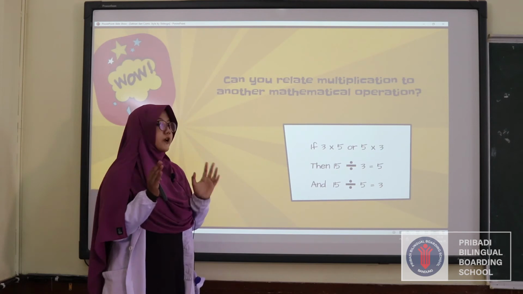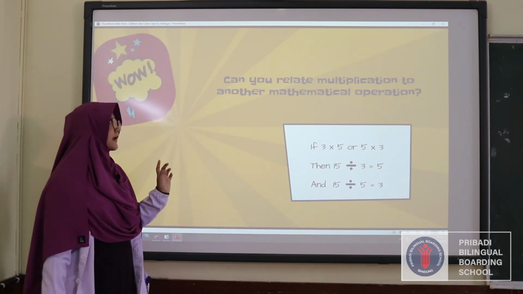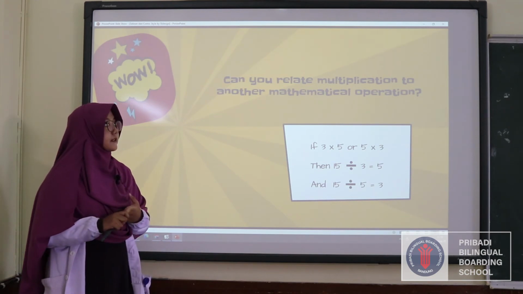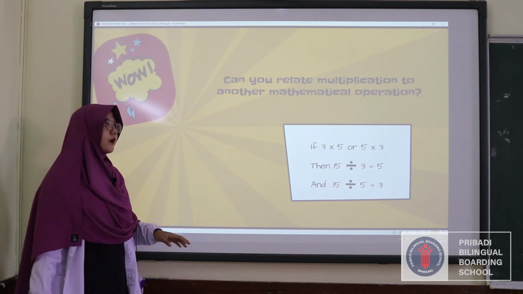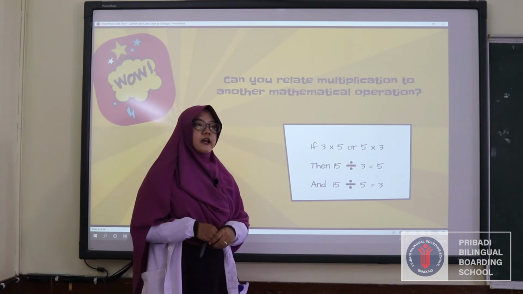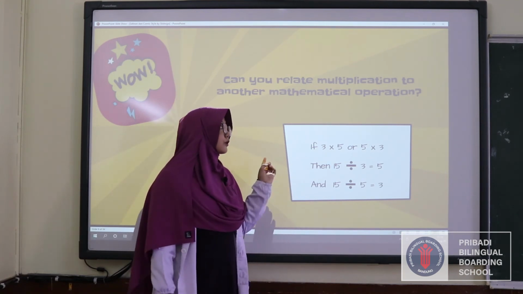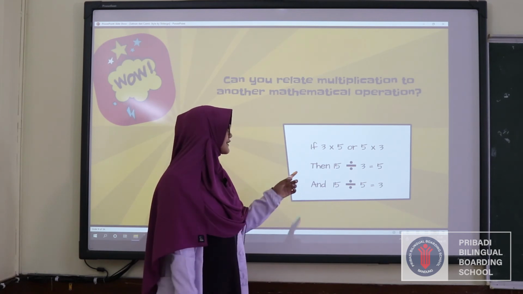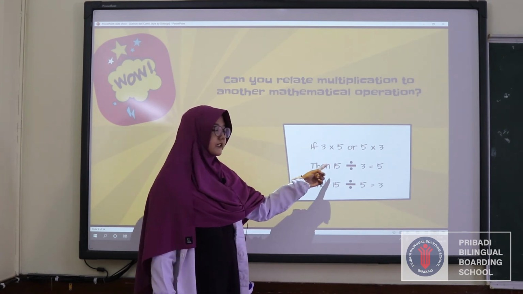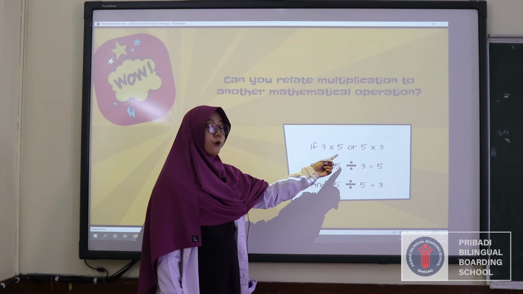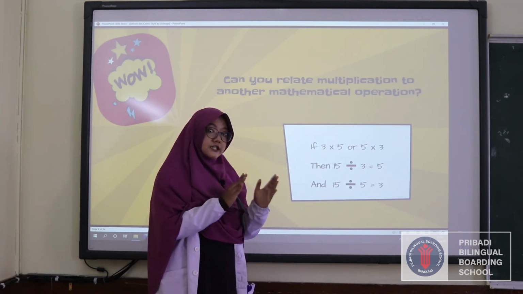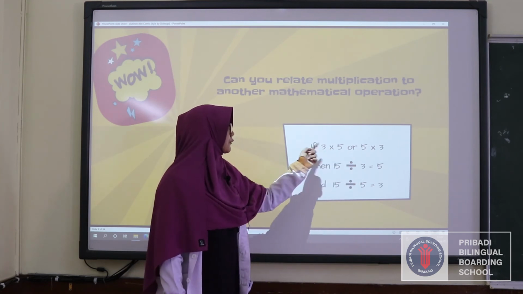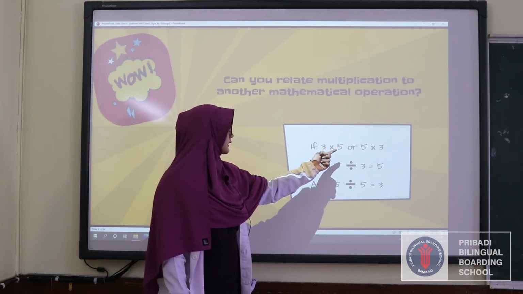So I have another question for you. For example, can you relate multiplication to another mathematical operation? As I already mentioned to all of you before, multiplication is the inverse of division, right? As you can see here, if I have 3 multiplied by 5, or maybe you can change the position, 5 multiplied by 3, it will be the inverse of division like this.